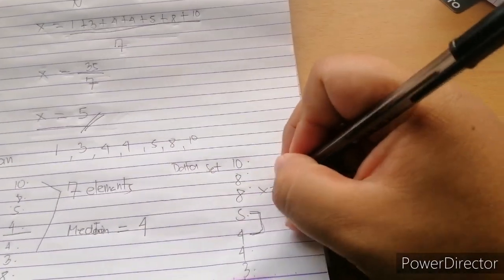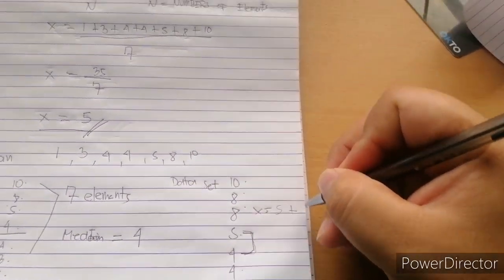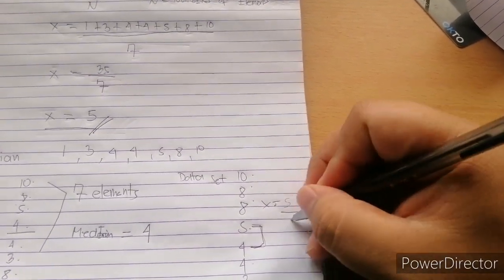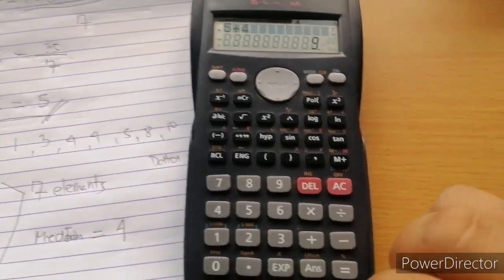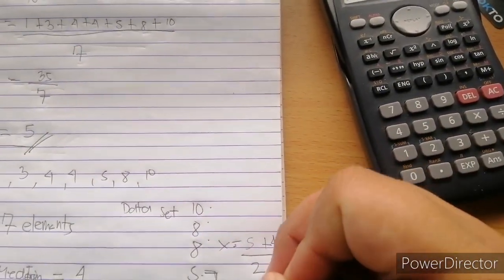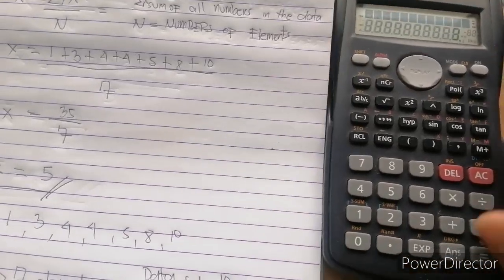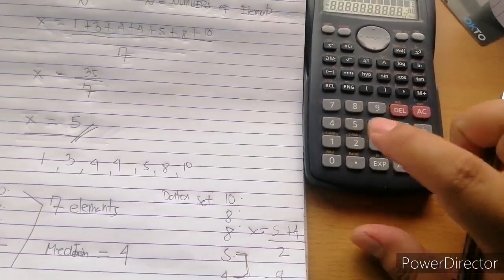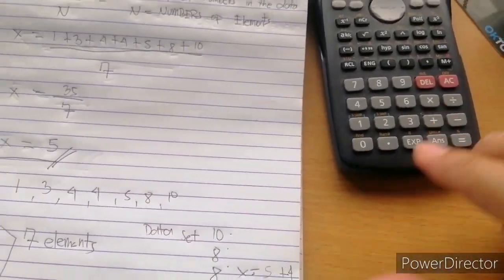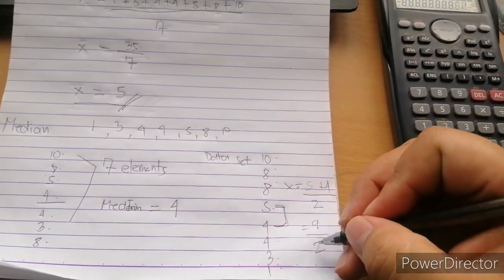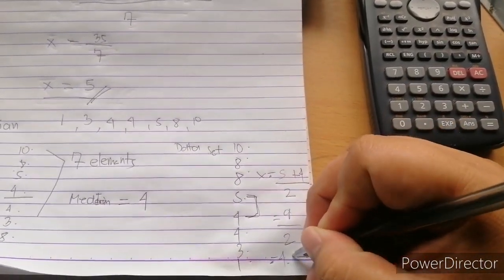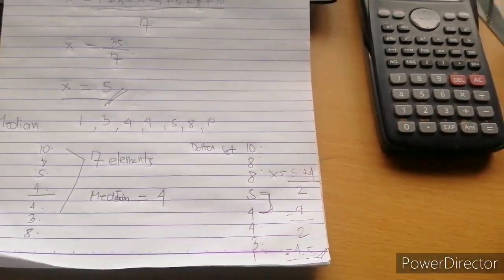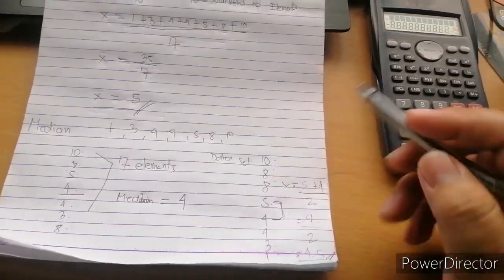So x is equal to 5 plus 4 divided by 2. 5 plus 4 is equal to 9, and 9 divided by 2 will be 4.5.